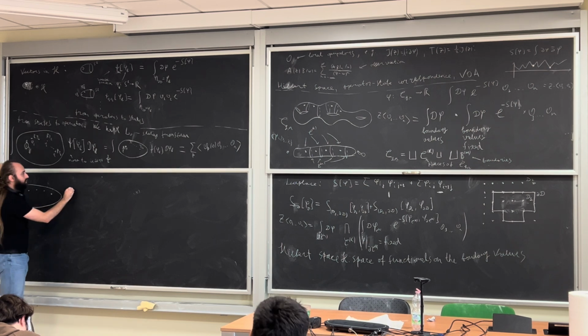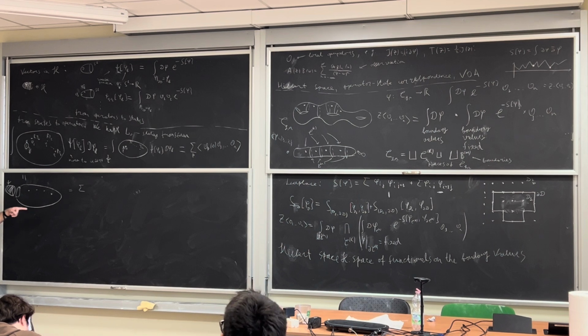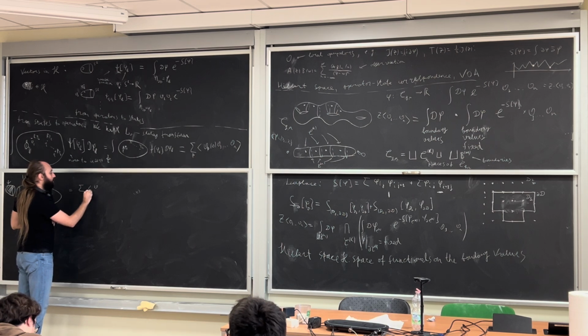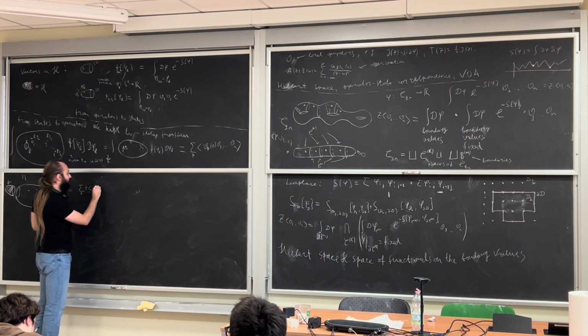And the statement is that it's a combination of some local operators, because we can shrink the boundary of the circle to zero. Of course there is a partition function here.